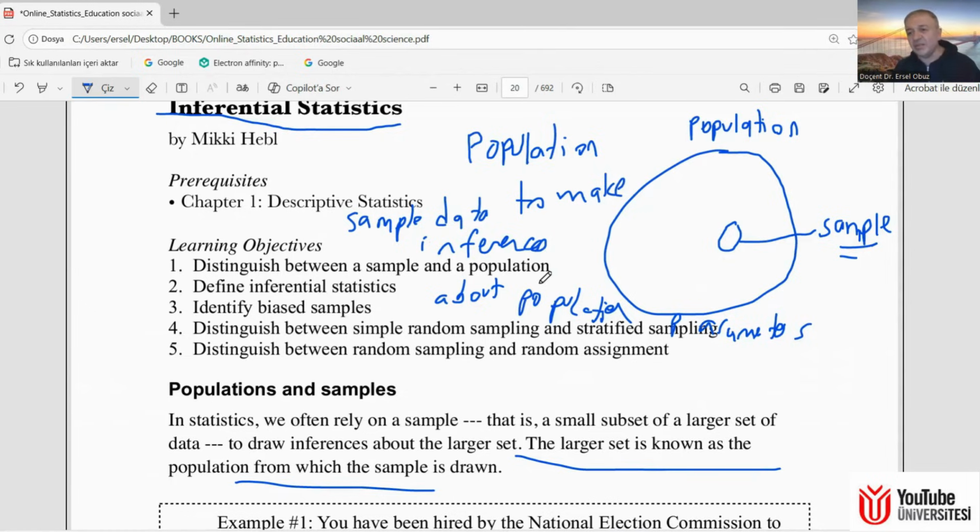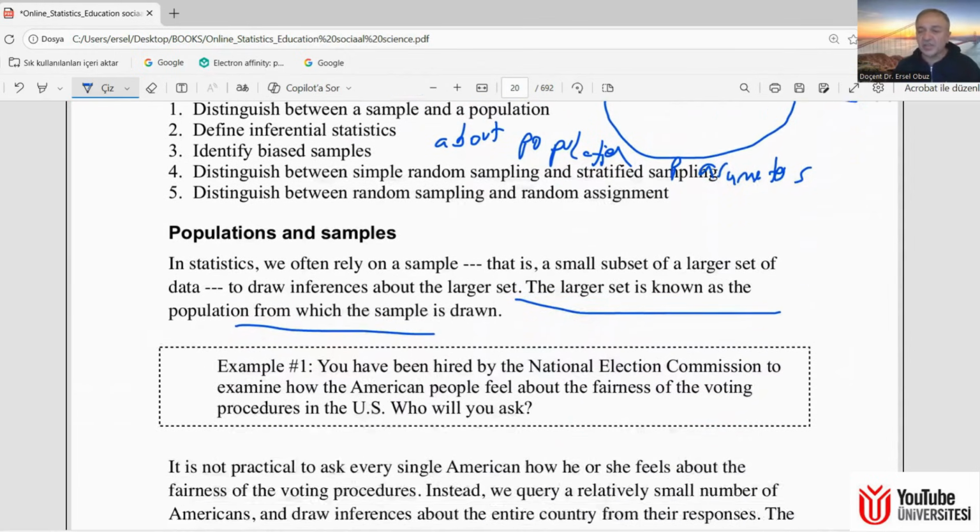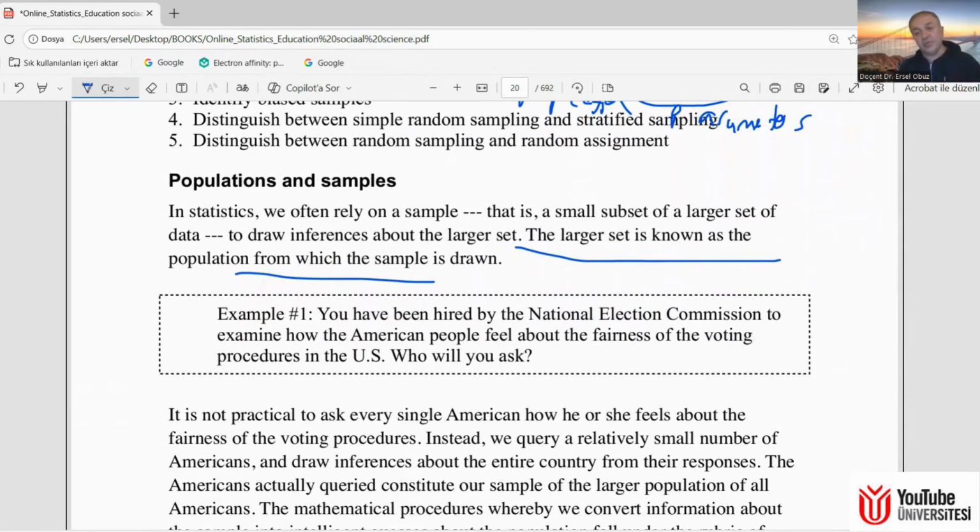This is our main objective when we use inferential statistics. It means that if you increase the sample size, you will be better off. Why? Because you will kind of capture the total population. The larger your data set is, the more likely it will resemble the population.